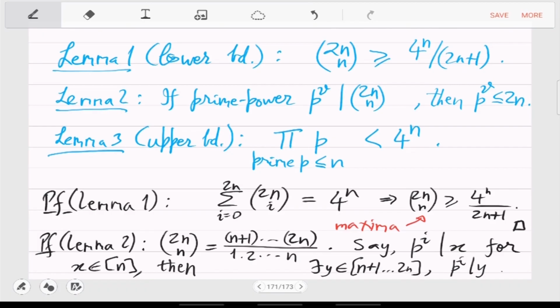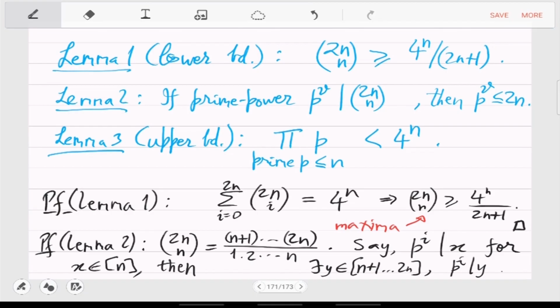Yeah, but you can show that for x and x prime, the powers get cancelled with y and y prime. So the powers which divide 2n choose n have to come from something in the numerator, but that is still not enough, because it's possible that part of the p power comes from y and the other part comes from y prime.